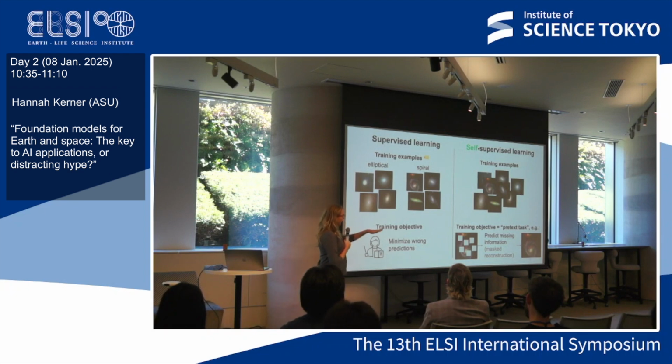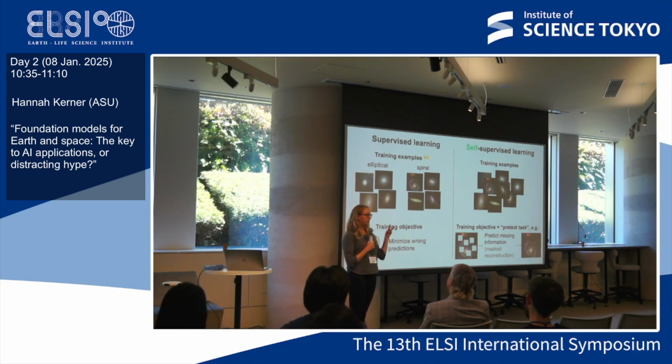So in the case of these galaxy observations, maybe you have all these examples, and then we have what we call a pretext task for training. It's like a fake task, basically. If you're studying with flashcards or Duolingo and you're covering up a word and trying to predict what the word is, or translating a sentence, or somehow masking something out in order to predict what was there, that's what we call masked reconstruction.